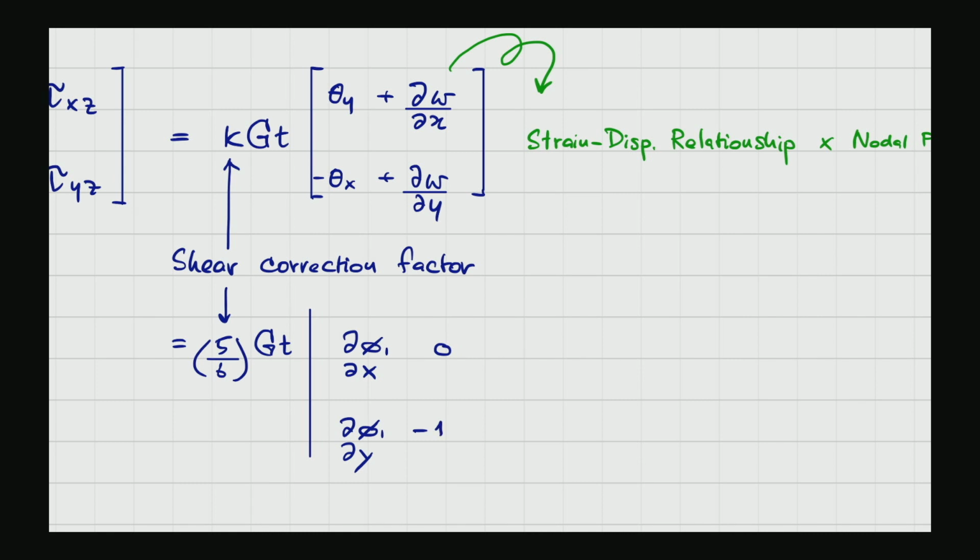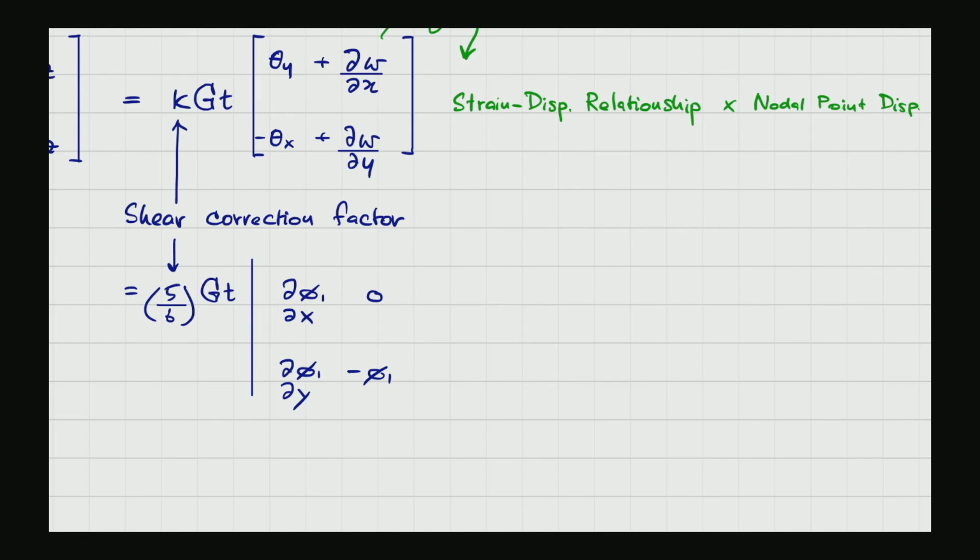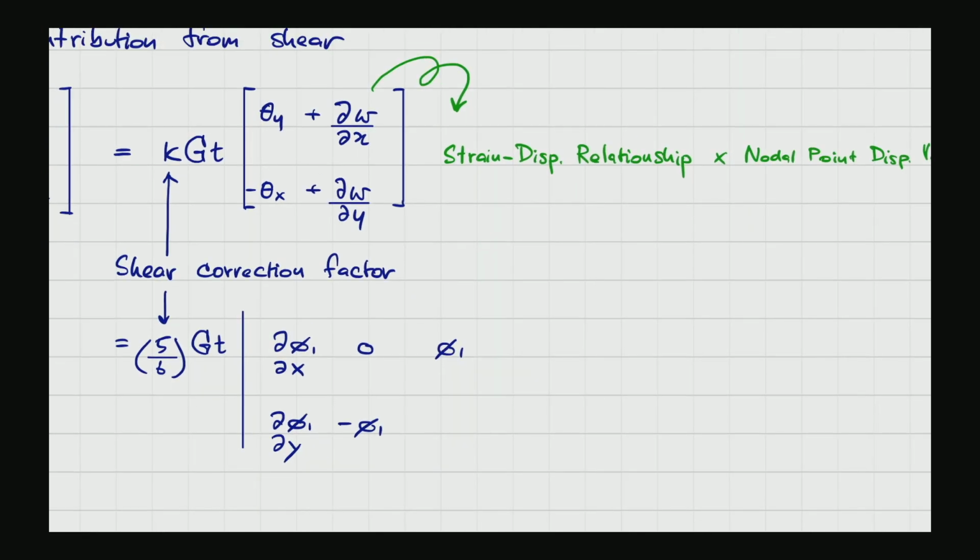Theta x has something to do with this line, so you drop the minus phi1, because theta x is approximated by theta x1 times phi1 plus theta x2 times phi2, and so forth. Thus phi1 is plugged in for this one, and here is going to be 0.